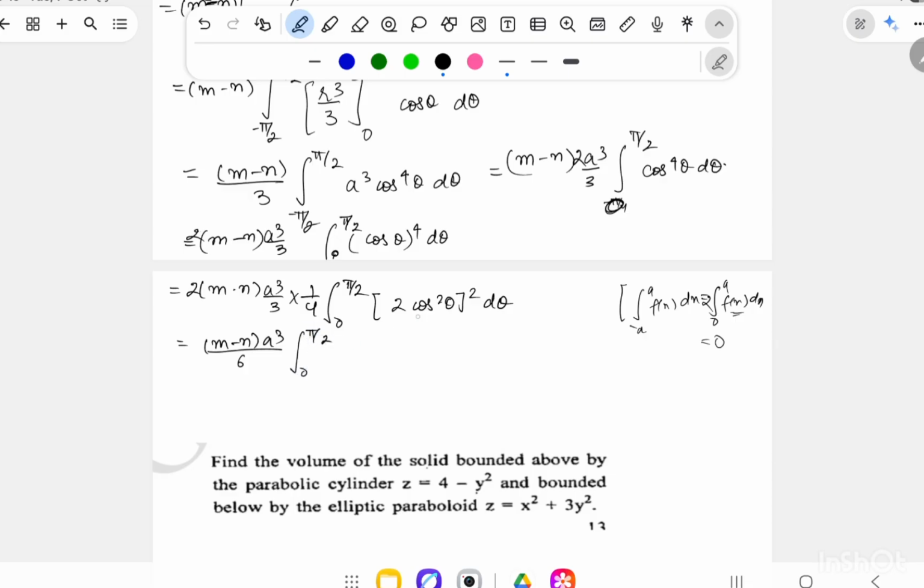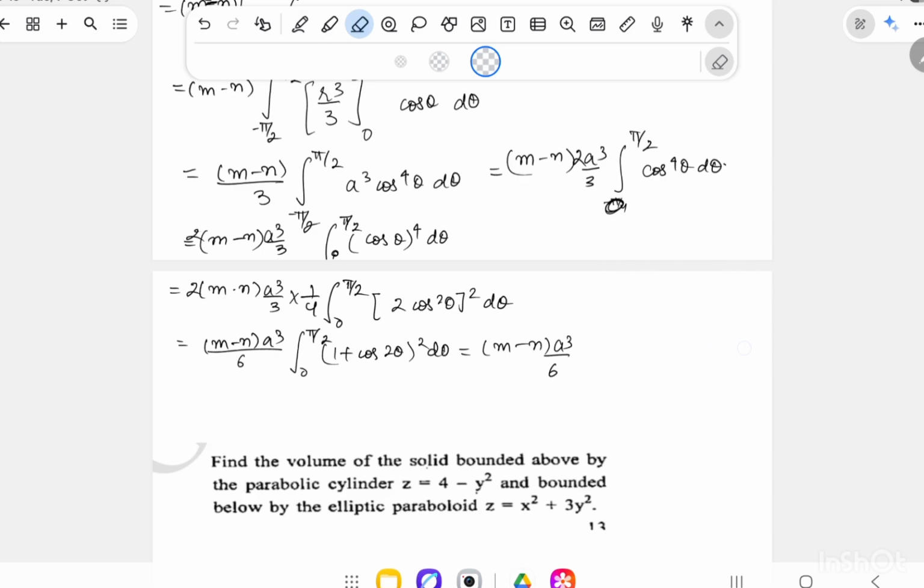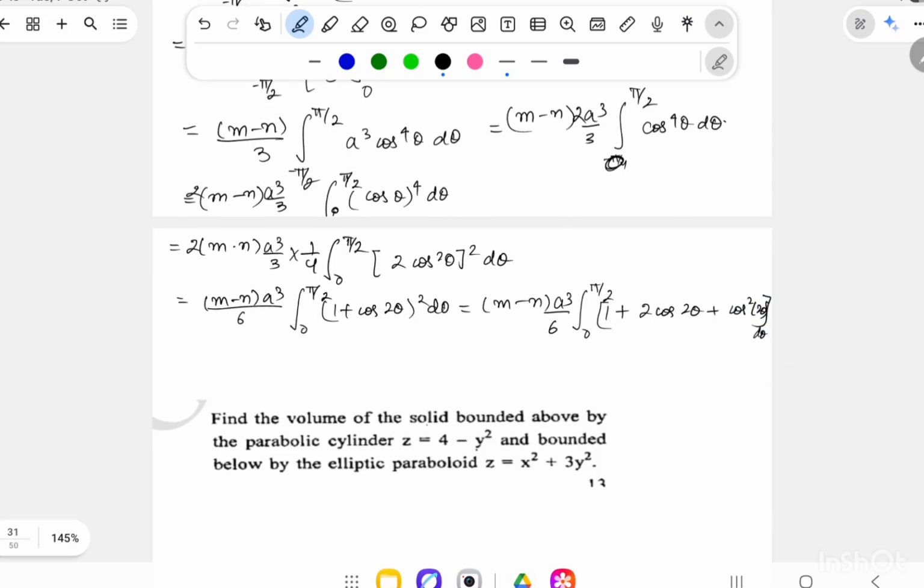2 cos square theta is (1 plus cos 2 theta) whole square d theta, which is equal to m minus n a cube by 6. If I open this whole square, it will be 0 to pi by 2, (1 plus 2 cos 2 theta plus cos square 2 theta) d theta, which is equal to m minus n a cube by 6.